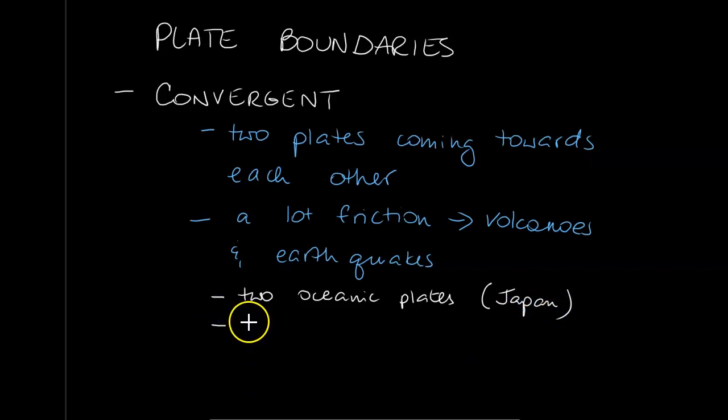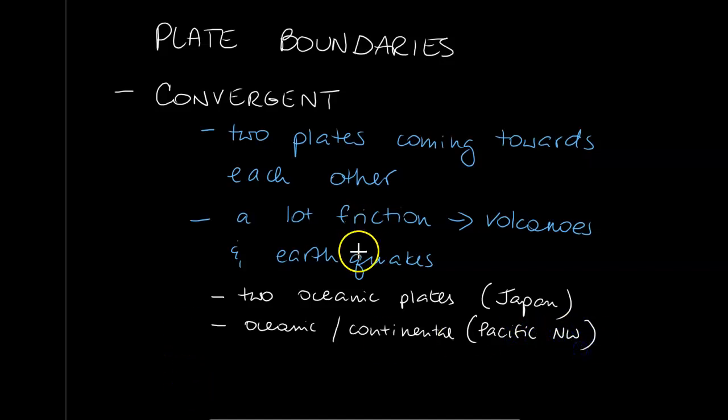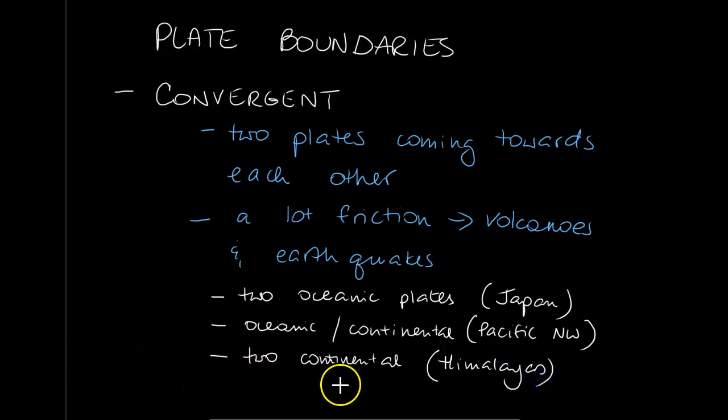You can have oceanic and continental plates coming together, and you can look at it in the Pacific Northwest in the United States. And then you can also have two continental plates coming together. And those would be your Himalayan region, where you have two continents smashing into each other.